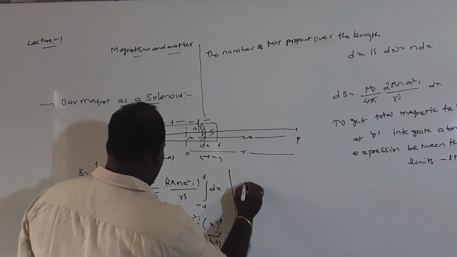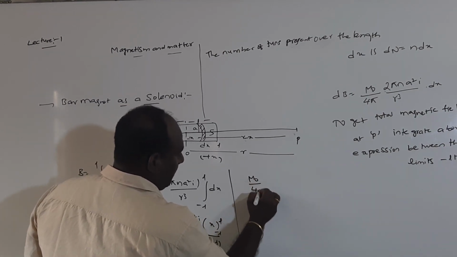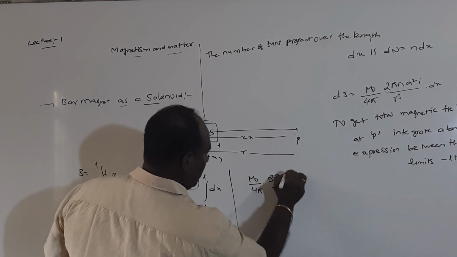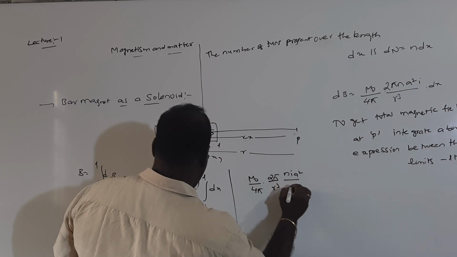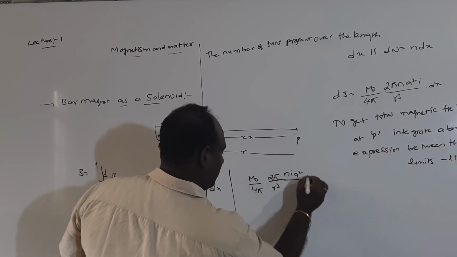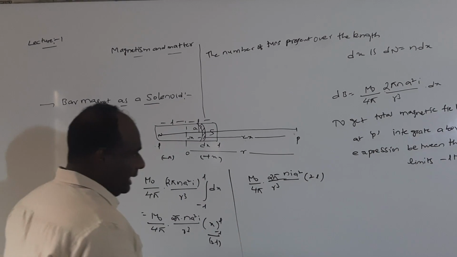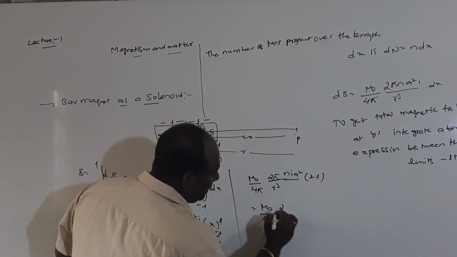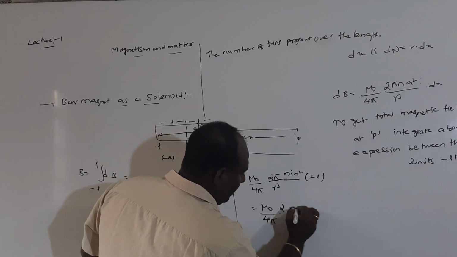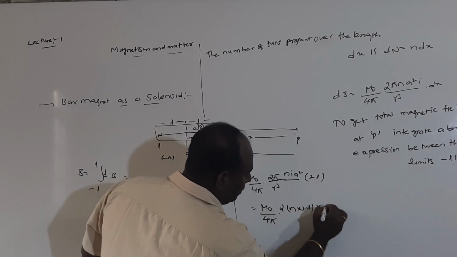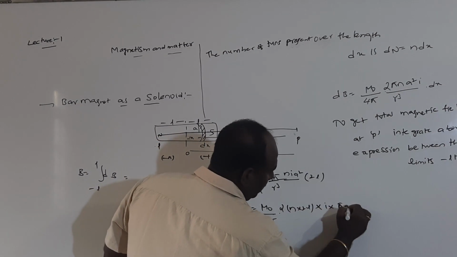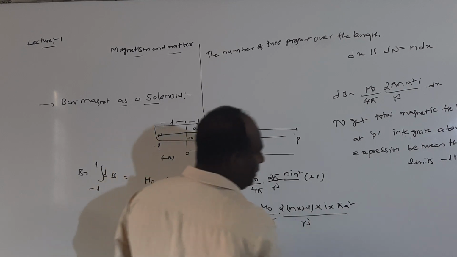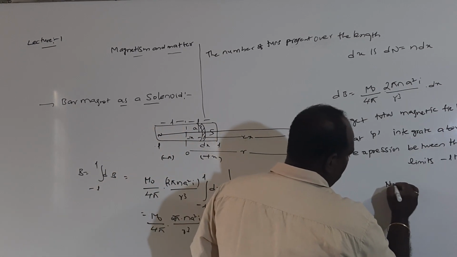So that is the upper limit: mu naught by 4 pi, 2 pi by R cube into n I A square into 2L. Sir, I will rearrange the terms. Mu naught by 4 pi I will keep as it is, 2 also as it is, n into 2L I will write as one term, I as one term, pi A square as one term. Here n into 2L becomes the total turns, no?